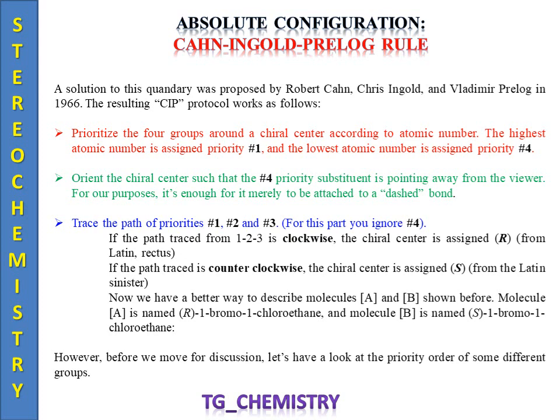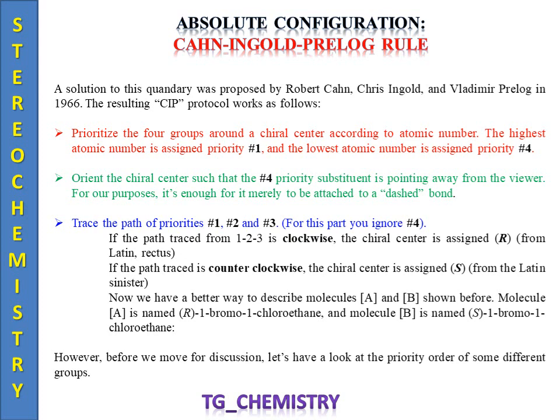So if you are looking at the screen, it has to be away from the screen, that is, it has to be behind the screen. So for this purpose, we usually say that the fourth substituent needs to be attached using a dashed bond.